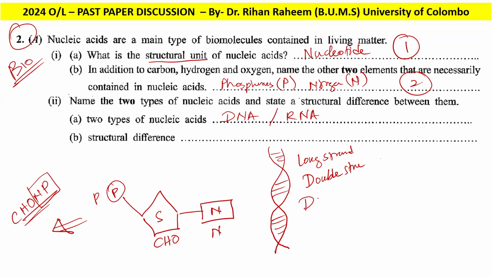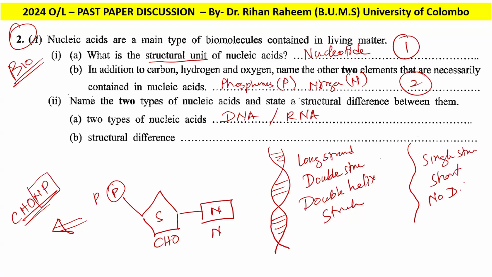What is that known as? Double helix structure present. But if you take a RNA, it is a single strand, short strand, no double helix structure.